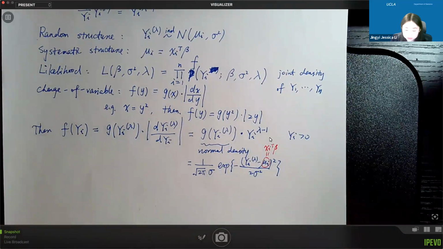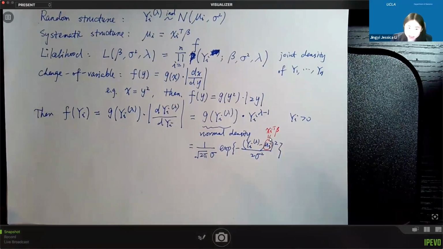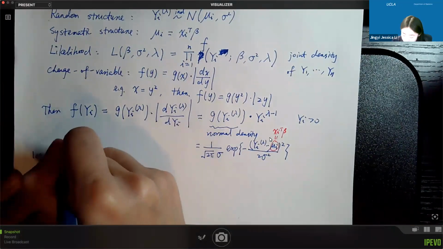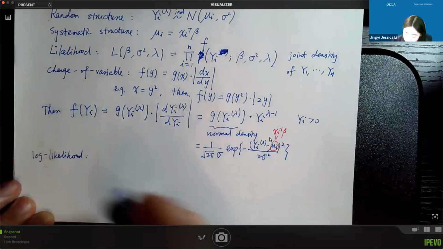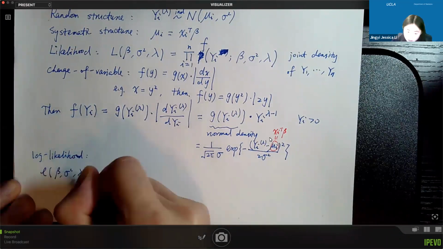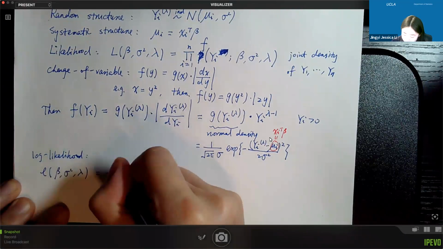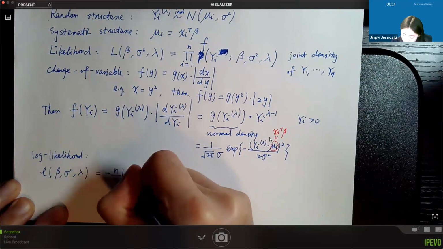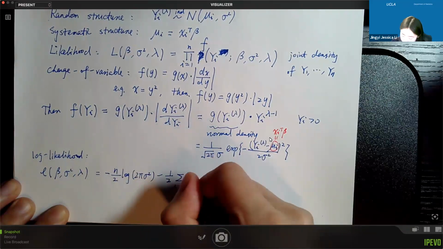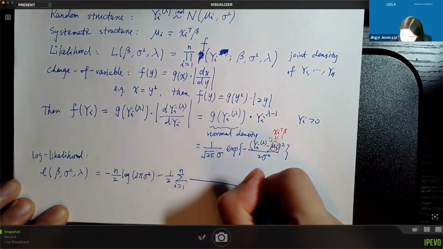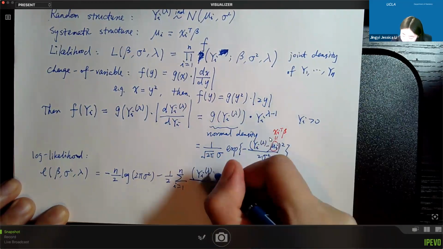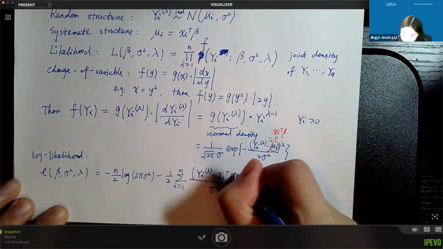So then let me simplify this whole thing. You can try the algebra yourself, but after the simplification, the log likelihood, I'll use lowercase l for beta, sigma squared, lambda, just becomes negative n over 2 log 2 pi sigma squared, minus 1/2 summation i from 1 to n of 1 over sigma squared times (y_i to lambda minus x_i transpose beta) squared.